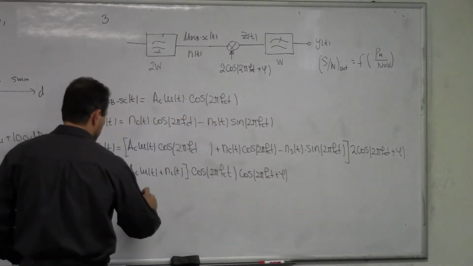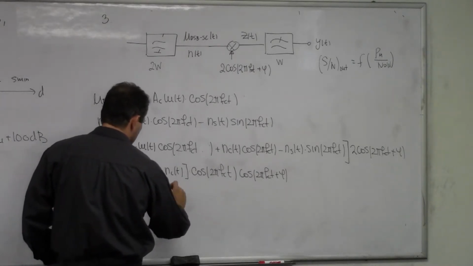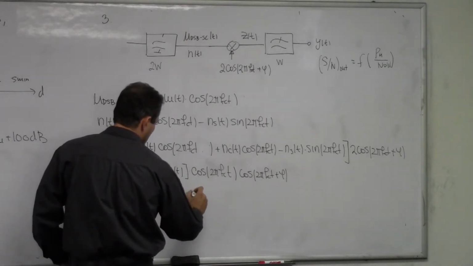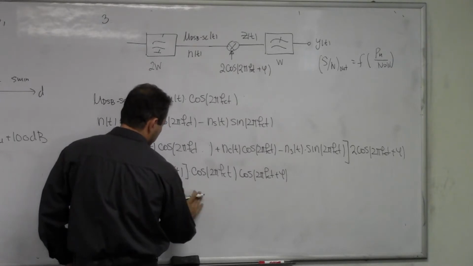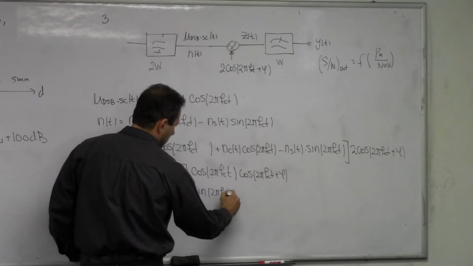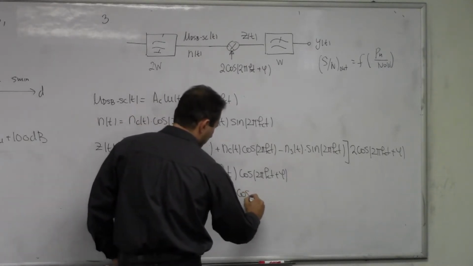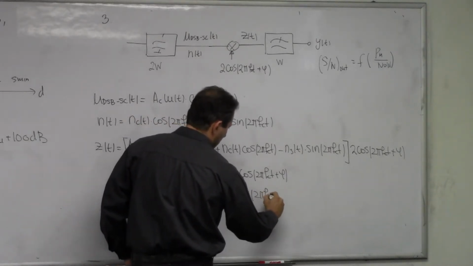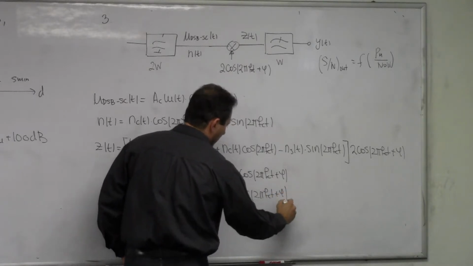And then the second term is going to be minus NS of t times sine 2 pi FCT times cosine 2 pi FCT plus phi.